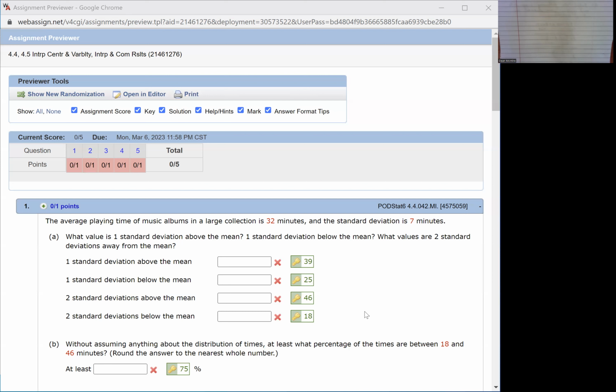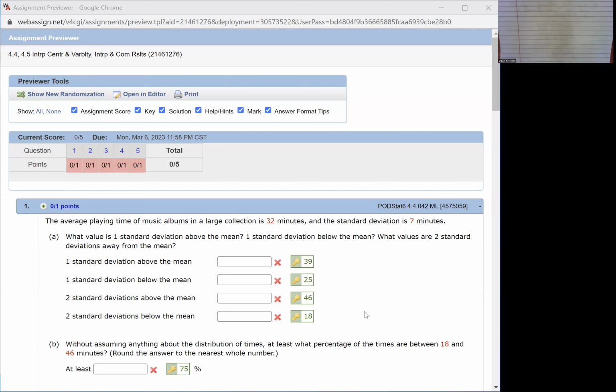So in this particular problem, problem 1, the average playing time of the musical albums in a large collection is 32. That's the mean. And the standard deviation s is 7. What value is 1 standard deviation above the mean, 1 standard deviation below the mean? What values are 2 standard deviations away from the mean?